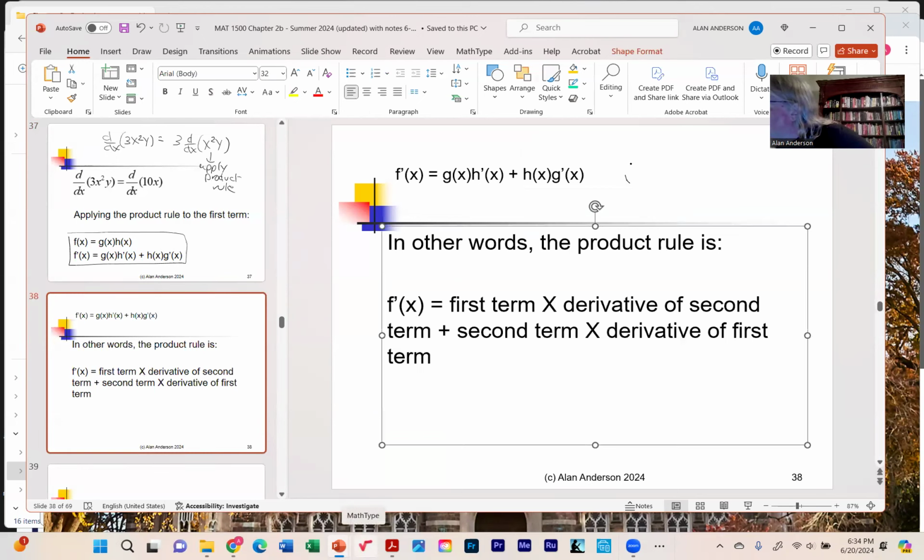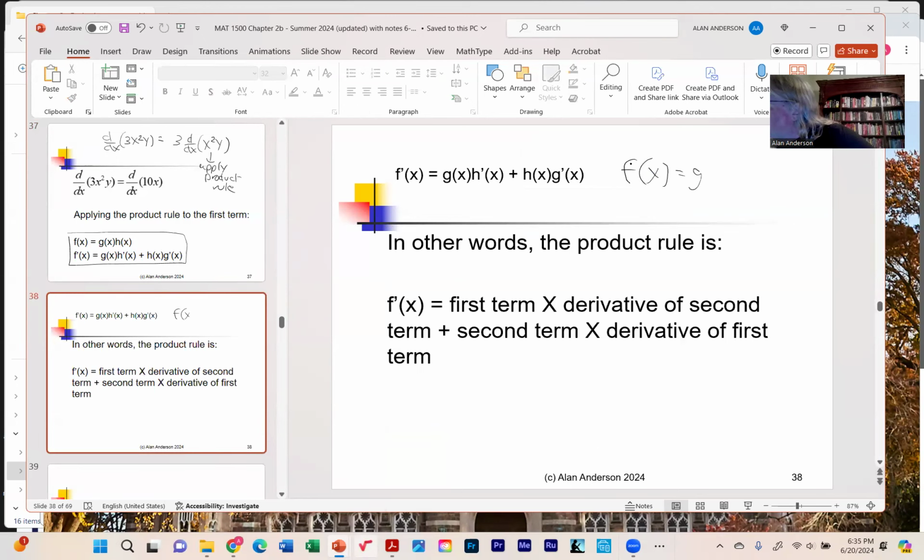If f of x is g of x times h of x, when you actually apply this product rule, you're taking the first term times the derivative of the second. And then you're adding to that the second term times the derivative of the first term.